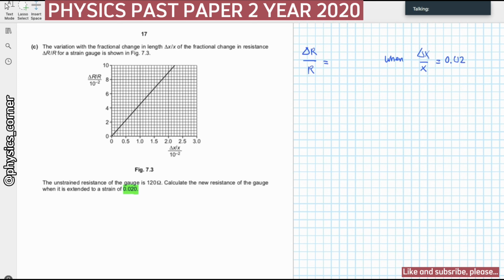This is 2 times 10 to the power negative 2.